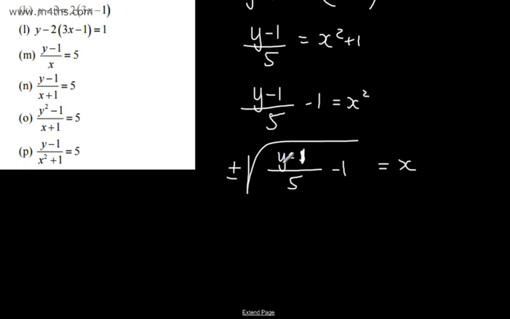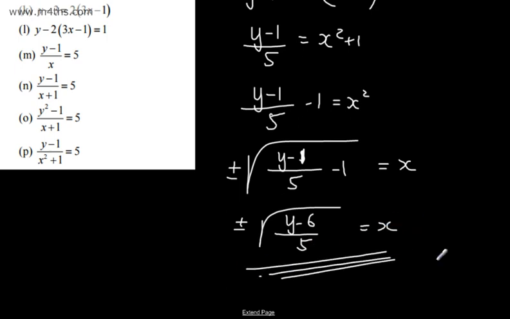So I've got two solutions, or potential solutions, a positive and a negative. You might want to tidy this up and write this now as y minus 6 divided by 5 is equal to x. So that now is expressing x in terms of y, or if you like, making x the subject of the equation. Okay, let's move on and look at some more.